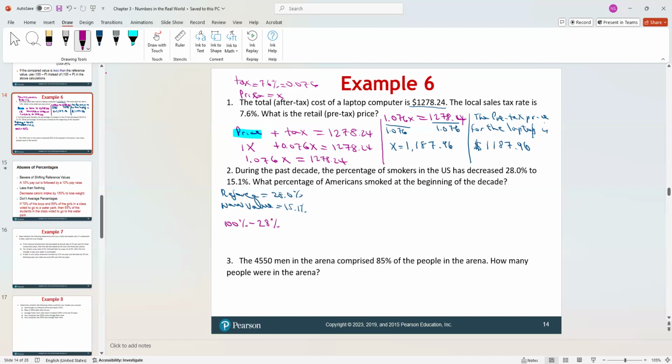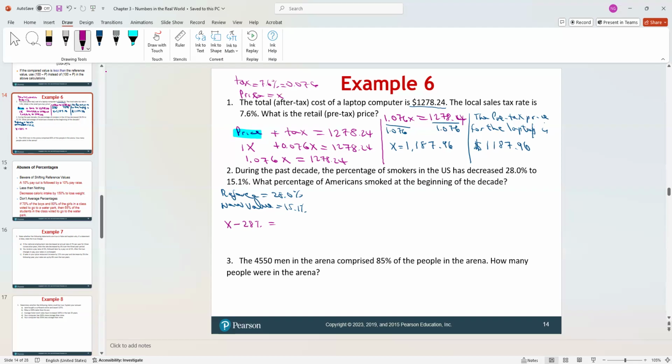So if we follow what we have, we have X at the beginning. Sorry, I'm going to do it a different way. The population was X%. When you subtract 28% from it, it decreased.